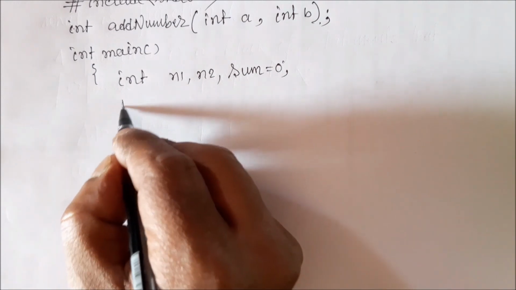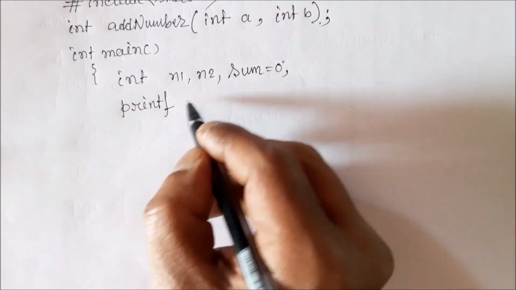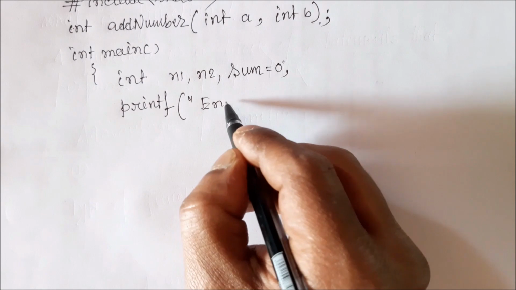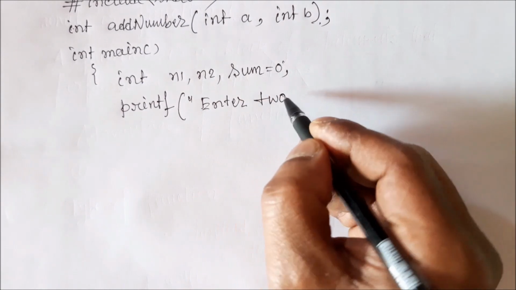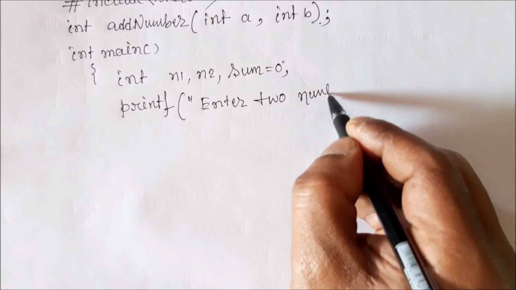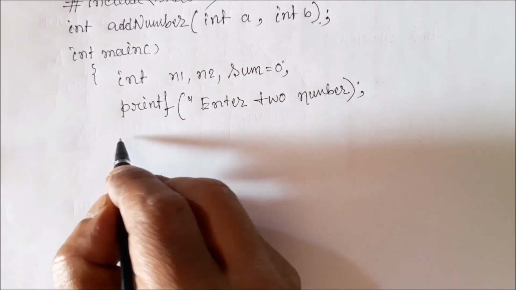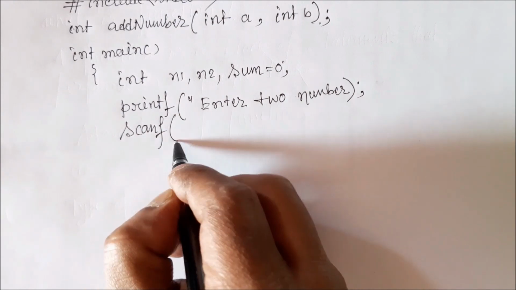First I am giving information to the user to enter two integer numbers. This is very easy, and then we will use the scanf statement to read the input.